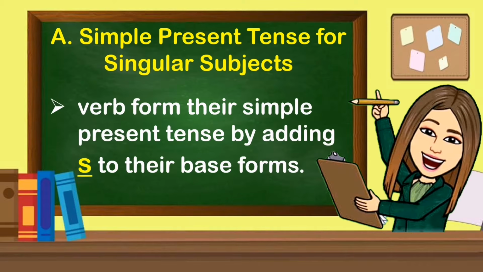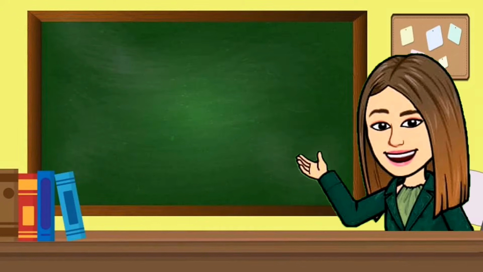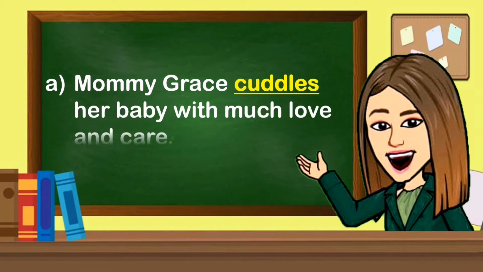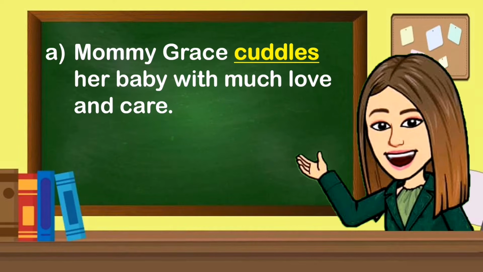Most verbs form their simple present tense by adding S to their base forms. Kapag isa lang ang gumagawa ng action word, ang verb ay dinadagdagan ng letter S sa dulo o sa base form. Example, Mommy Grace cuddles her baby with much love and care. So, sino ang gumagawa ng action word na cuddles or gumaganap ng salitang kilos sa pangungusap?